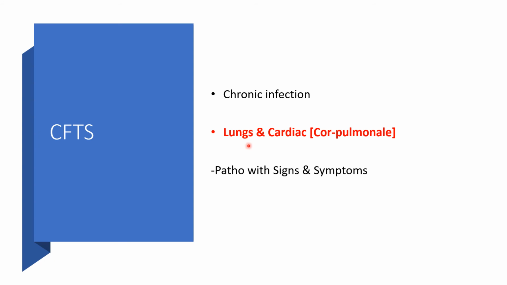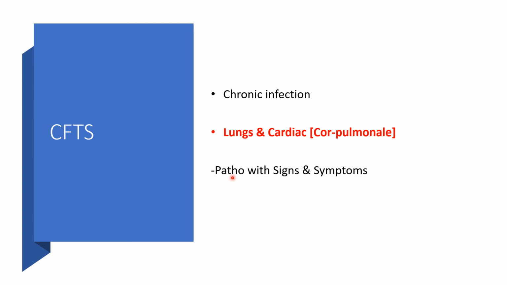Now, the problem with the lungs that will affect the heart, giving us cor pulmonale, will be essentially that there'll be embolization of the schistosome eggs in the pulmonary circulatory system from the portal systemic collateral vessels, and that will be secondary to perisinusoidal portal hypertension.